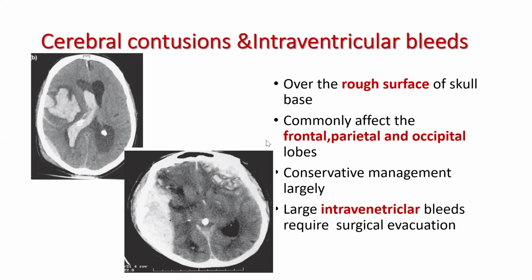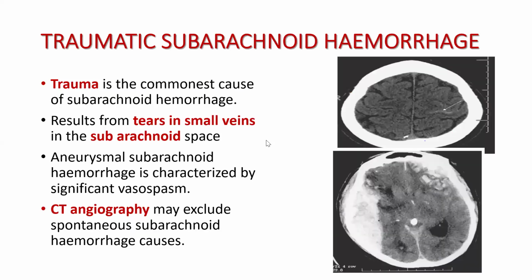Okay. If you look at the CT images that I have shown in this presentation, the contusion cannot be confused with a subarachnoid hemorrhage. A subarachnoid hemorrhage, I showed you a picture here.